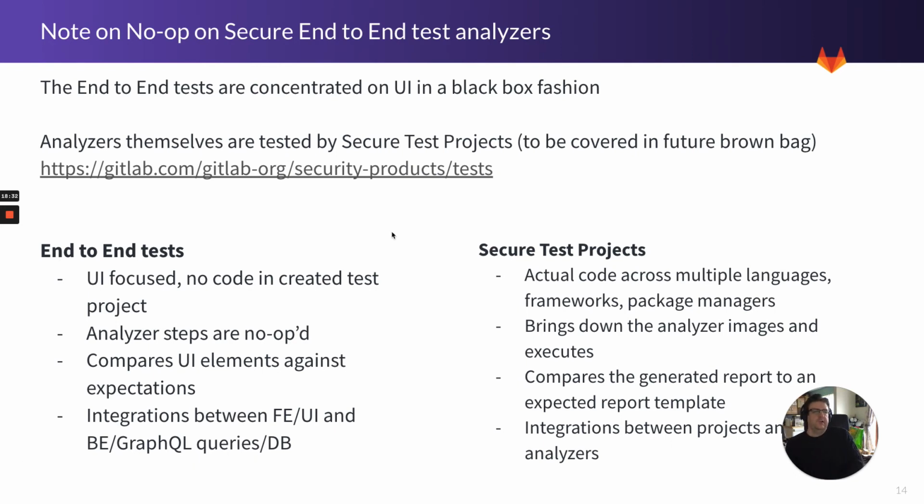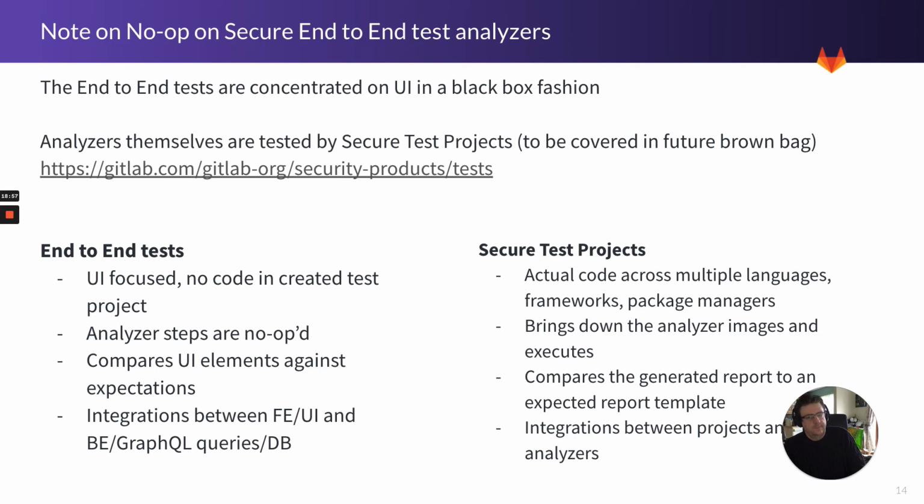So I'd mentioned earlier that our end-to-end tests, the analyzers have a CI that is effectively a no-op. That is because we are quite UI focused and our tests are executed quite frequently.